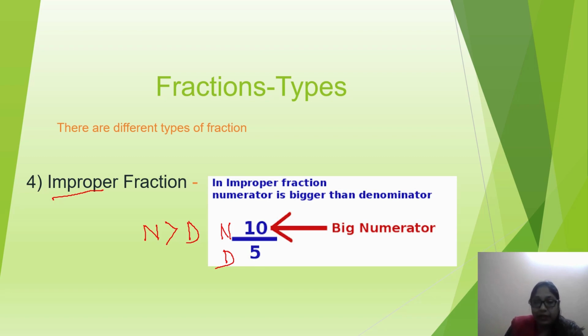For example, I have 12 and 7. In this case, numerator is 12 and denominator is 7. So 12 is bigger than 7. So this is called improper fraction.